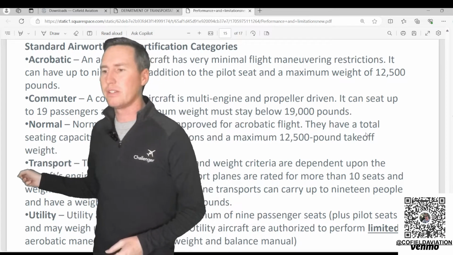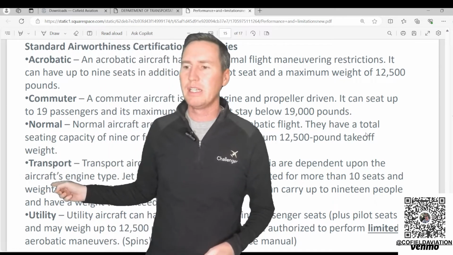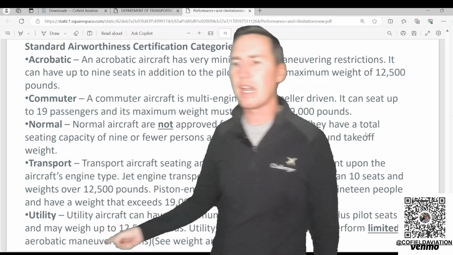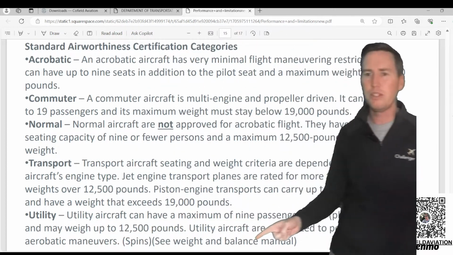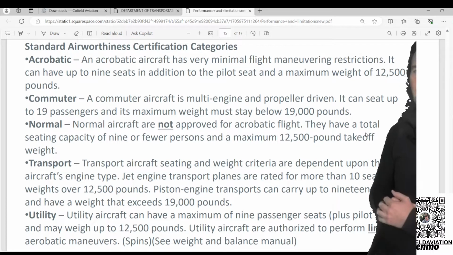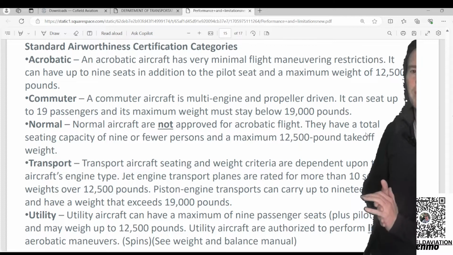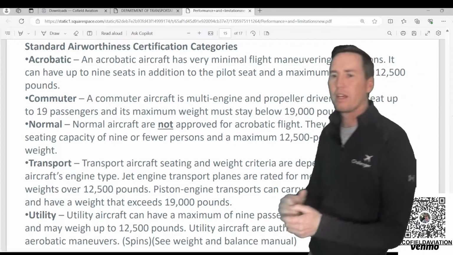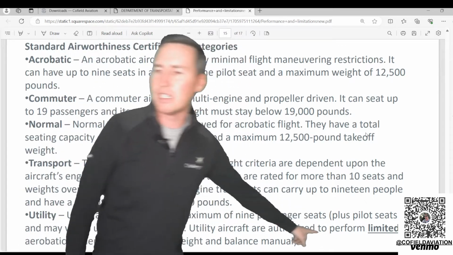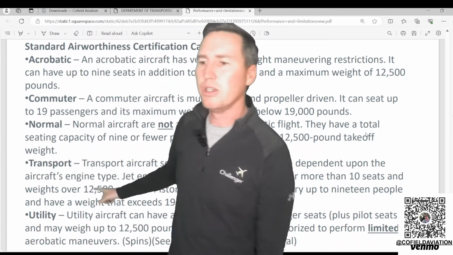Transport category is your large jets here, and then last is utility category. So we have utility category as well labeled. So if you see utility category, you can have a maximum of 9 passenger seats plus the pilot. They weigh up to 12,500 pounds. Utility aircraft are authorized to perform limited aerobatic maneuvers right here.